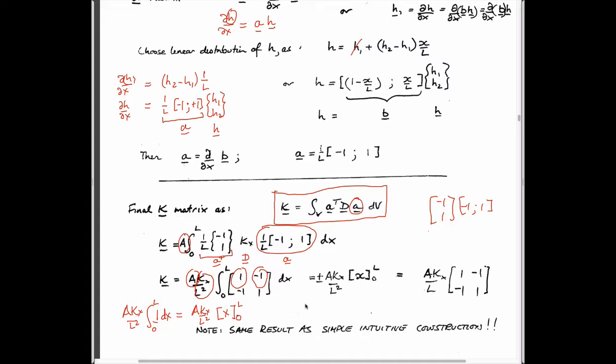So L minus 0 gives you an extra L on the top to counteract this, and so you lose the L squared because you have this term here. And if you do that for the other components, you end up with something that's very familiar, which is just equal to these individual components.